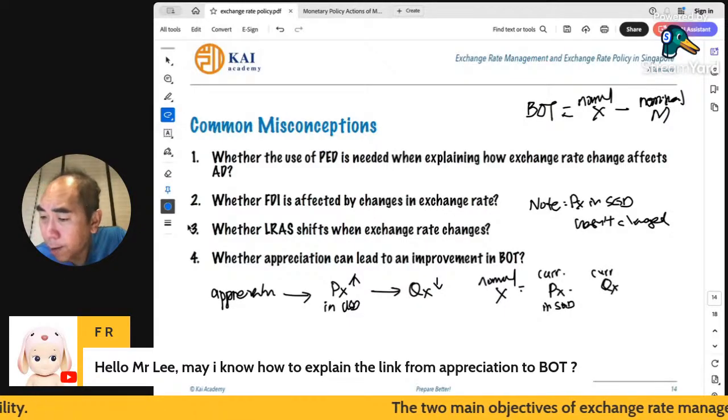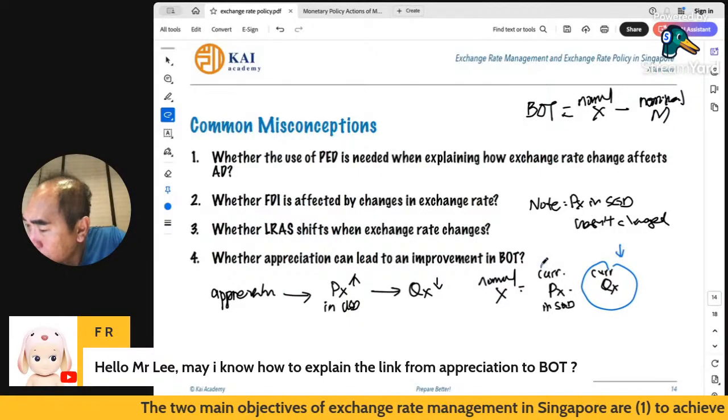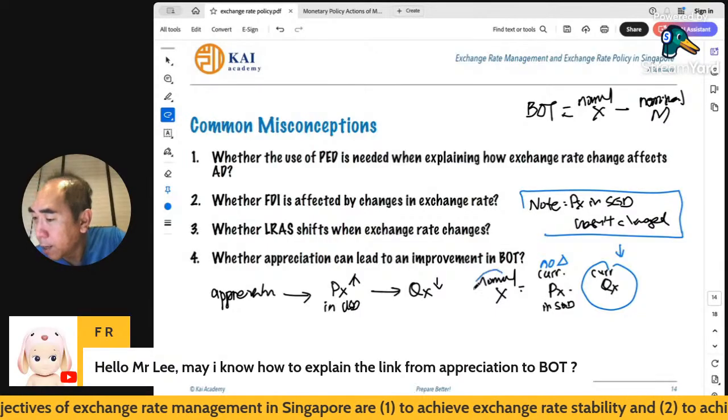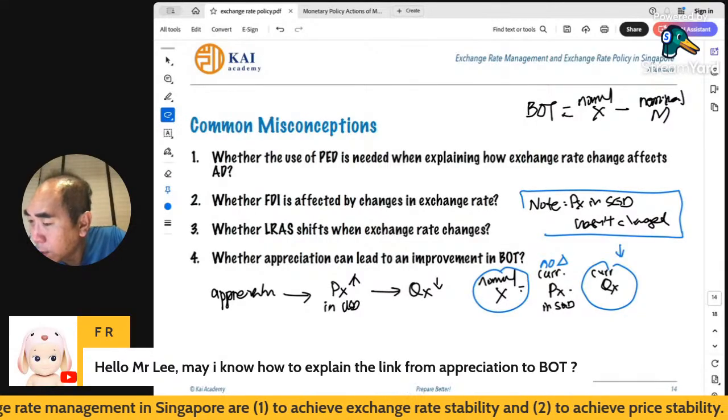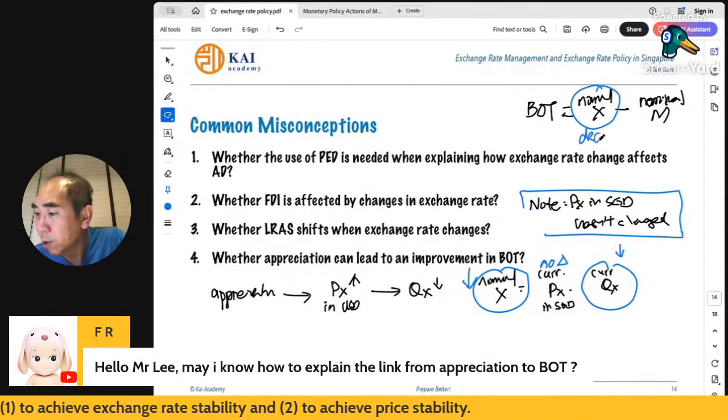So what's the effect? QX is falling, PX is no change. Remember, this is SGD PX, no change. Then QX on the nominal X falls, right? So X decreases. So we know this falls for sure.